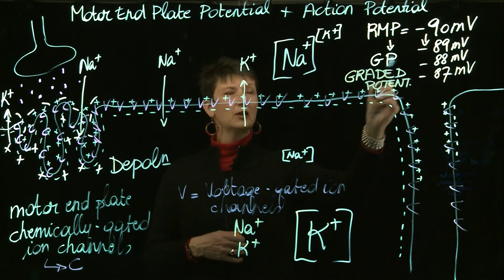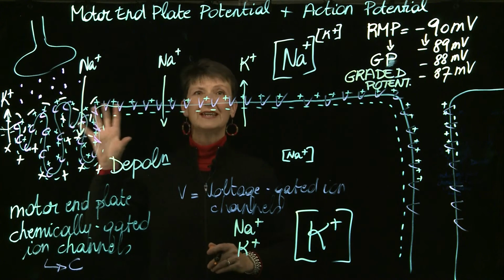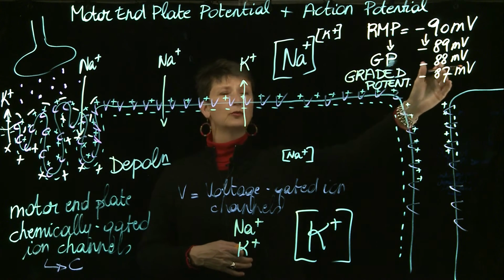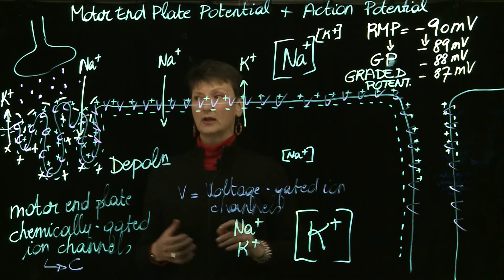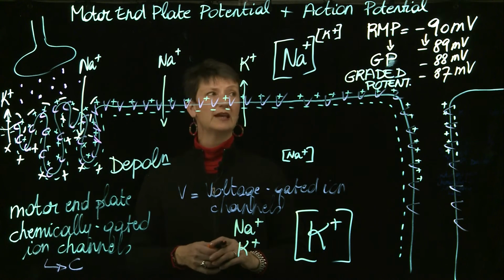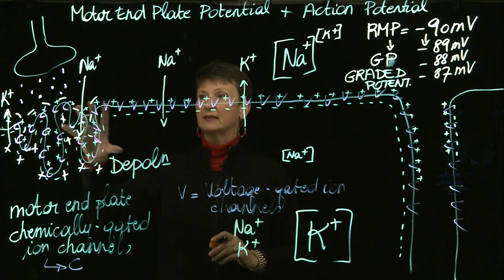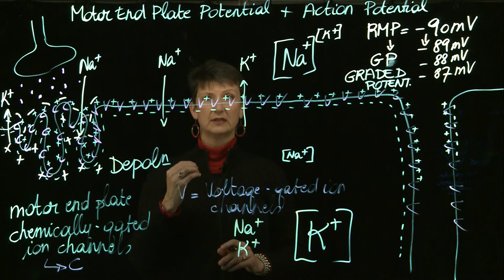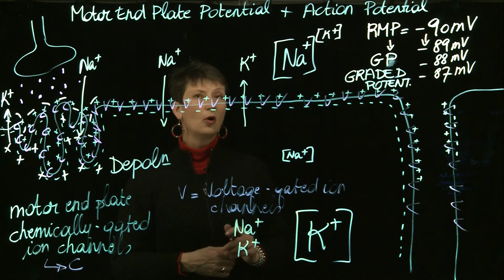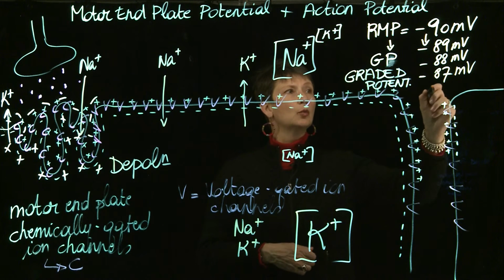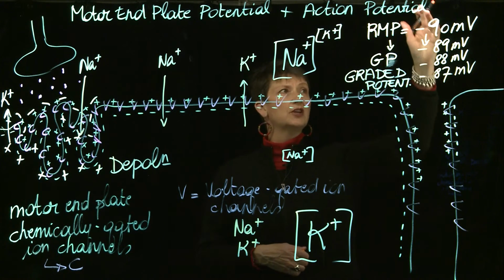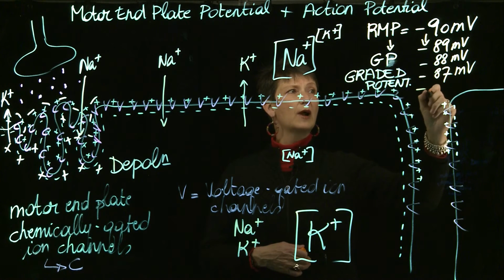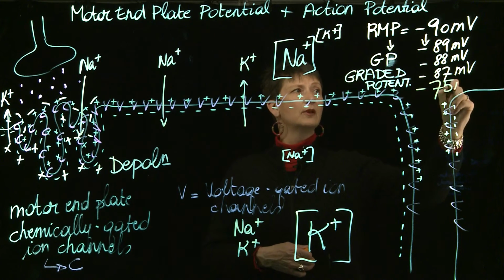Okay, so the term graded always means that there are different gradations of strength, meaning we can have a change of 1 millivolt, 2 millivolts, 3 millivolts, and even much more. So if we have enough graded potentials being generated at the motor end plate, we're eventually going to create a very strong depolarization. And our goal indeed is to eventually reach a depolarization of about a change of 15 millivolts, which brings us to eventually around minus 75 millivolts.